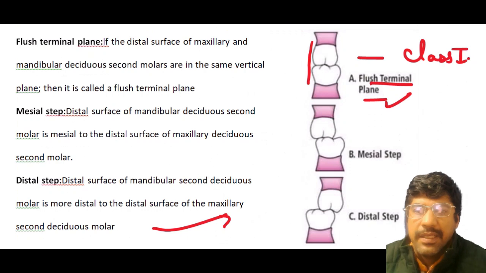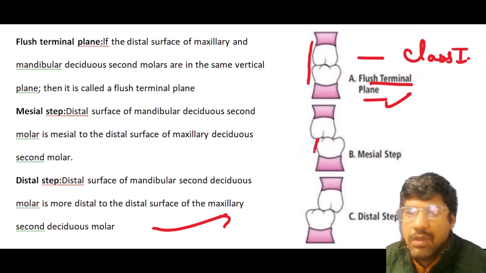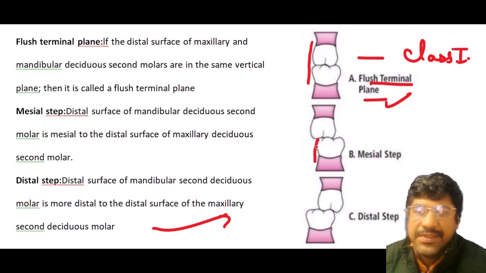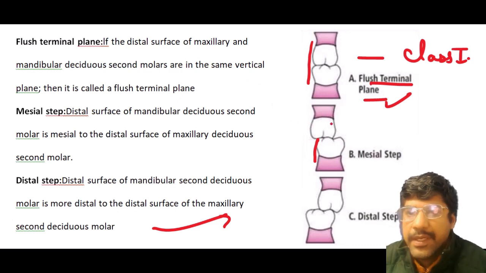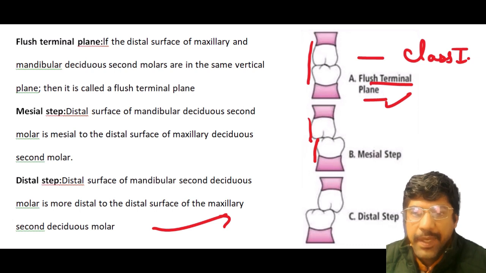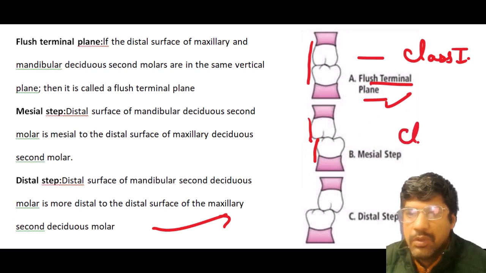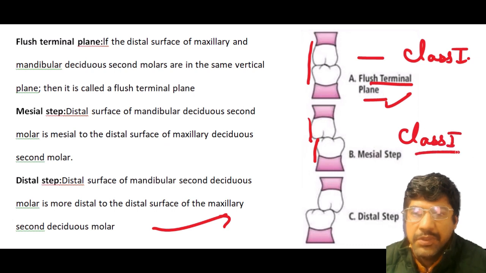Now second is the mesial step terminal. In this type of relation, the distal surface of the lower second deciduous molar is positioned more mesially compared to the upper second deciduous molar. The permanent molar then erupts directly into a class 1 relation.